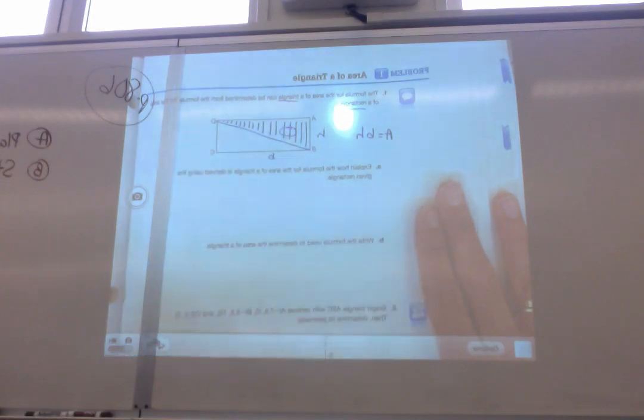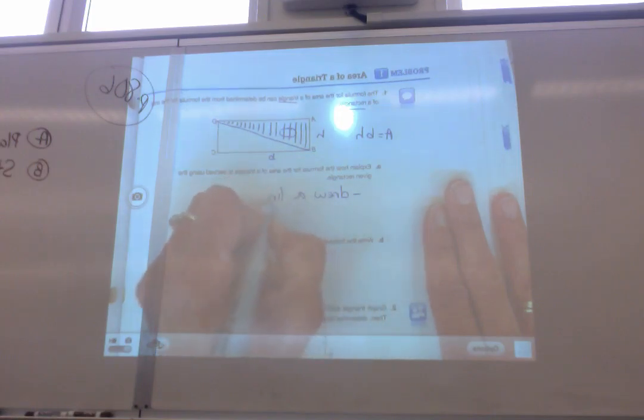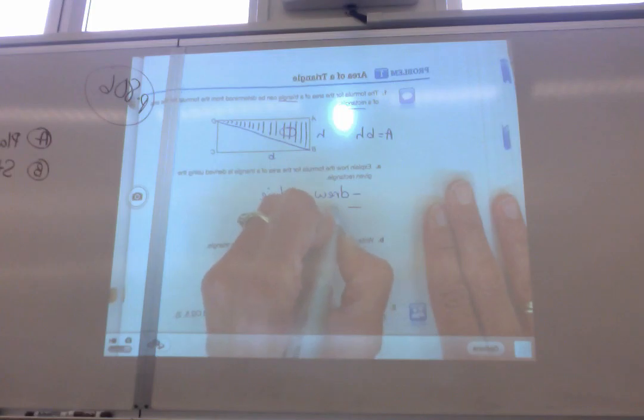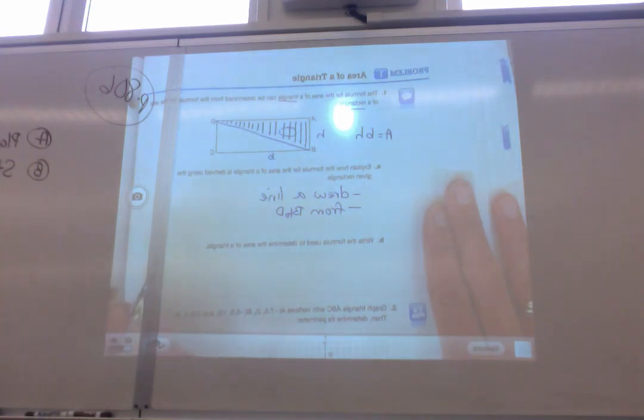How did we create that triangle? Drew a line. Where'd the line go from? From B to D. Does anybody know what that line is called?